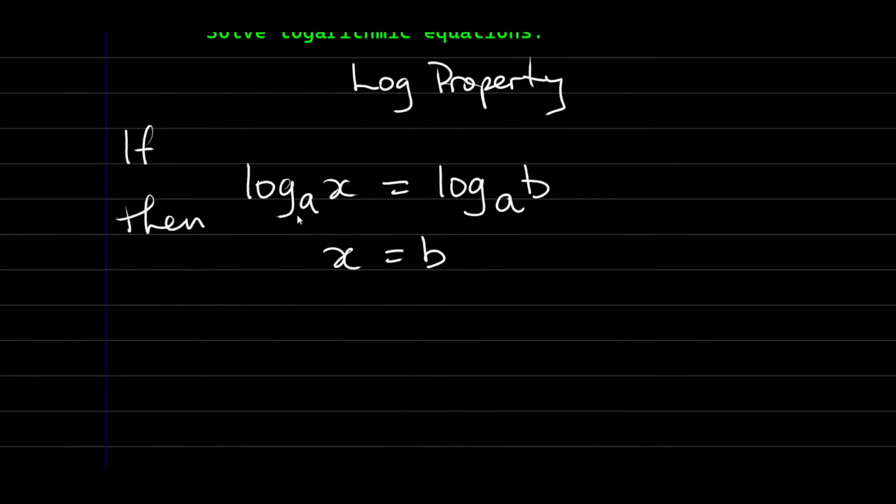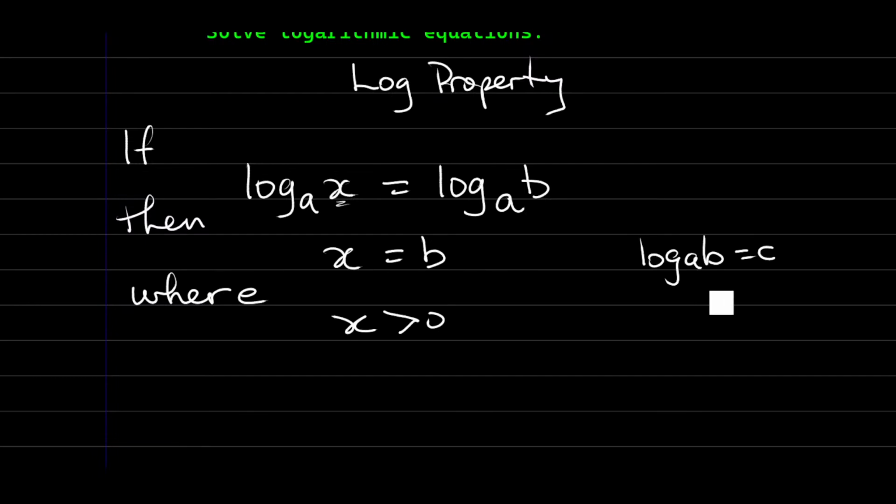Because we're reversing indices, you have to remember that x must always be greater than 0. Why? Because remember, if log to the base a of b equals c, then a to the power of c is equal to b.